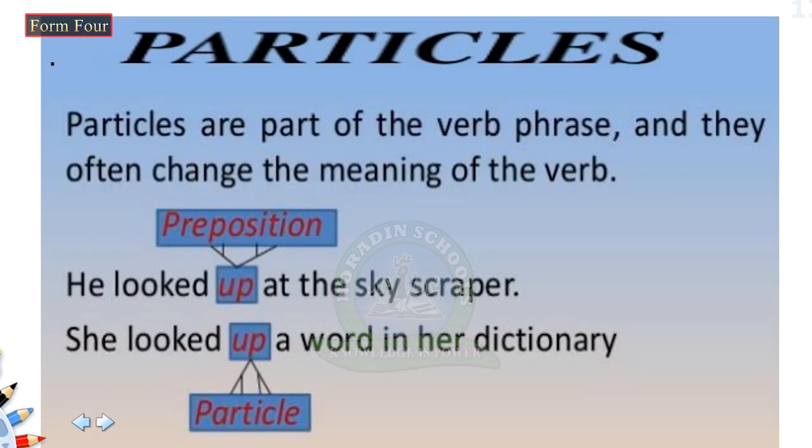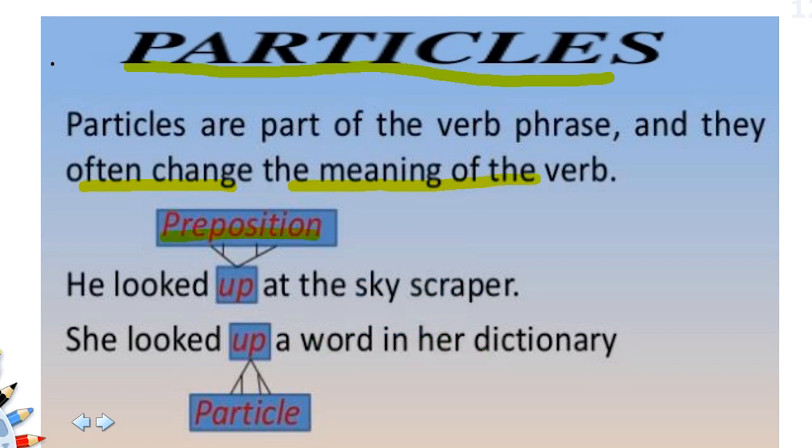What about particles? What are the particles? Particles are part of the verb phrase, and they often change the meaning of the verb. For example, with a preposition: he looked up at the skyscraper. Look up.